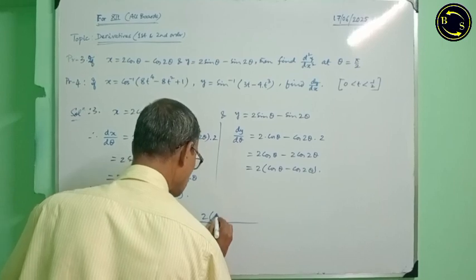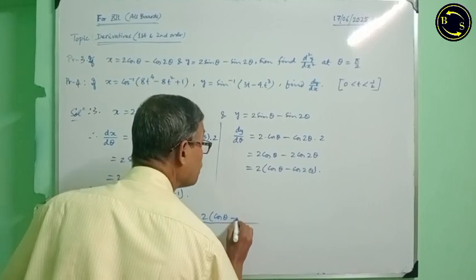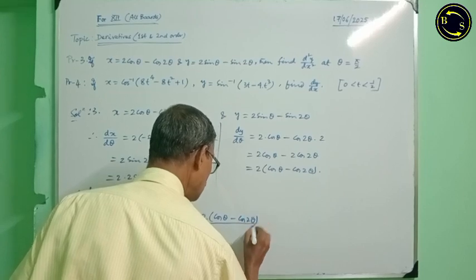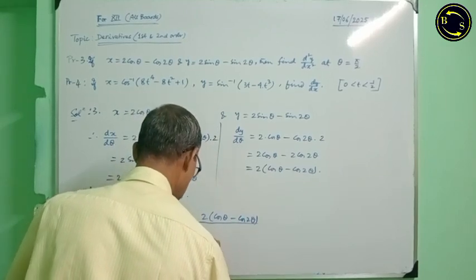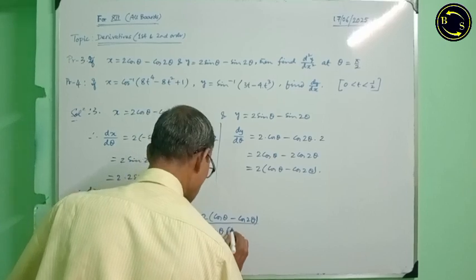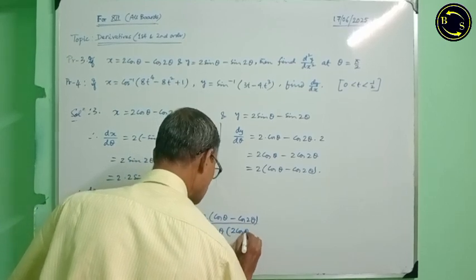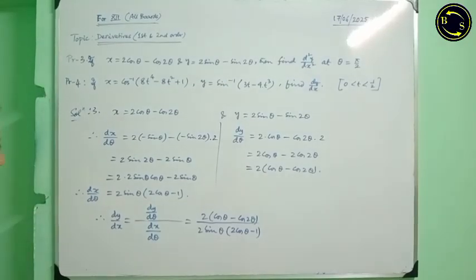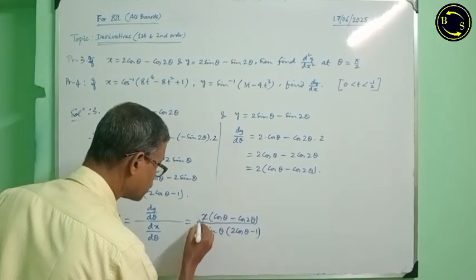2 cos theta minus cos 2 theta by 2 sin theta, 2 cos theta minus 1. 2 cancelled.